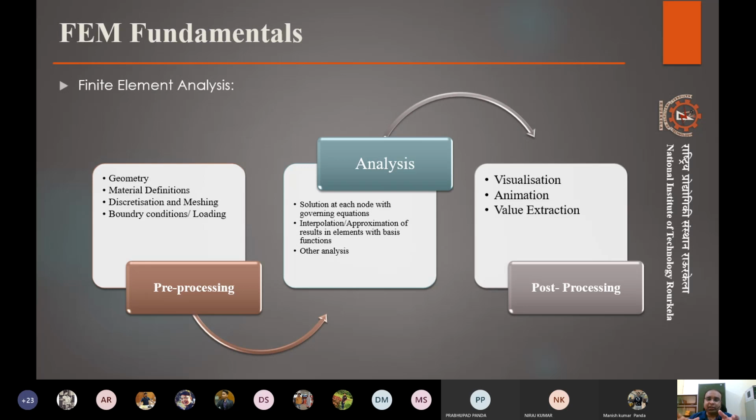The concept of finite element analysis is basically that it divides the whole geometry into segments, right? The nodes and elements, and the calculations are done on each of these nodes based on the governing equations and boundary conditions, and the interpolation is done based on basis functions. That's the whole idea behind finite element analysis.